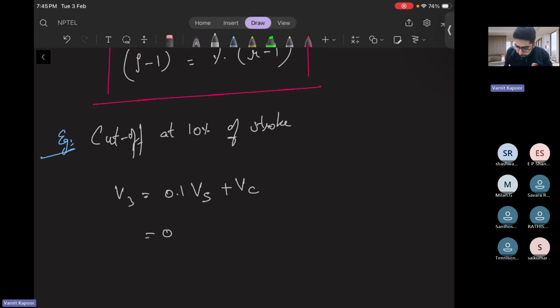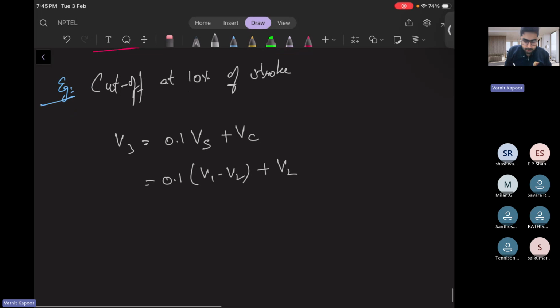Okay. And what is swept volume? V1 minus V2. And what is clearance volume? V2. If you see from the graph, the clearance volume is V2 and the other is V3.